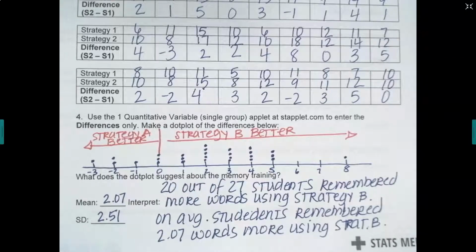So on average, students remember 2.07 words more using strategy B over strategy A, or strategy 1 versus strategy 2.